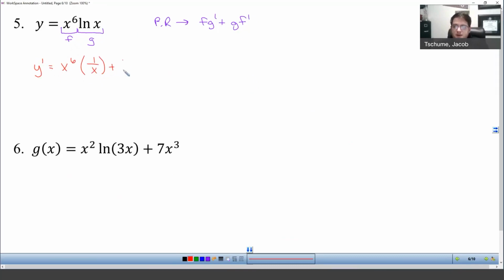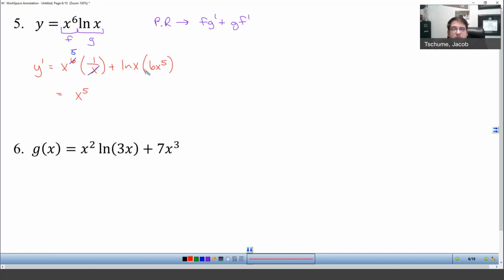Plus your g function, which is the natural log of x, times the derivative of f, which is 6x to the 5th. Now when I put these together, over here on the left, if I do x to the 6 times 1 over x, one of these x's will cancel because they're being divided, and that will give you an x to the 5th.